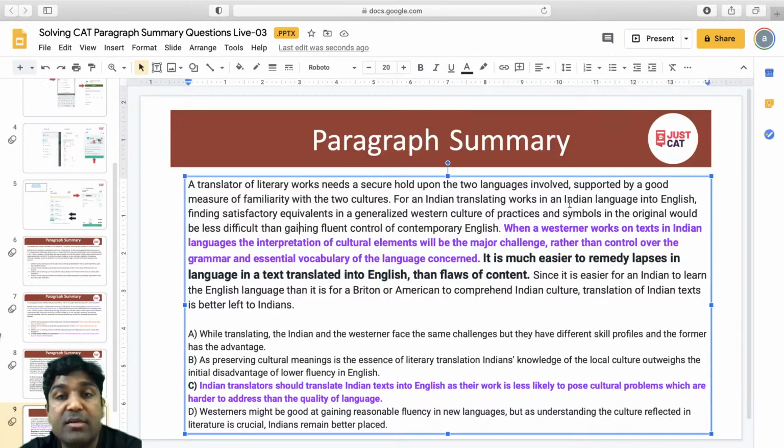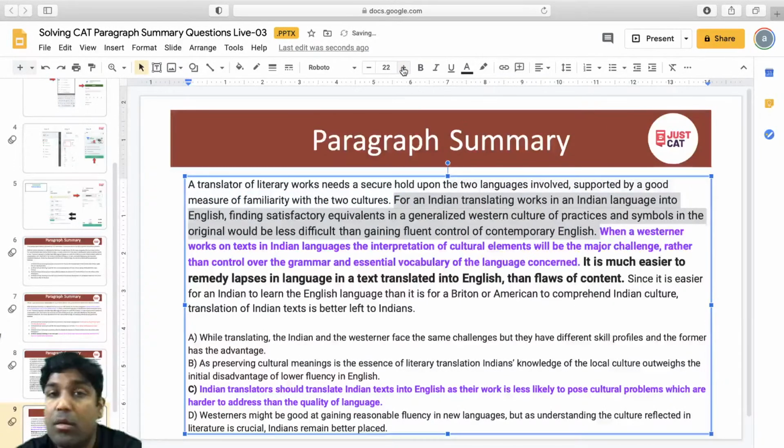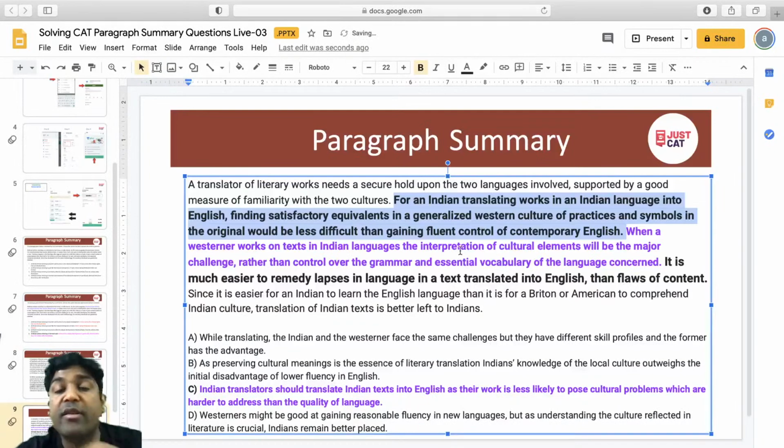And cultural things have been said here. For an Indian translating works in an Indian language into English, finding satisfactory equivalents in a generalized Western culture of practices and symbols in the original would be less difficult than gaining fluent control of contemporary English.